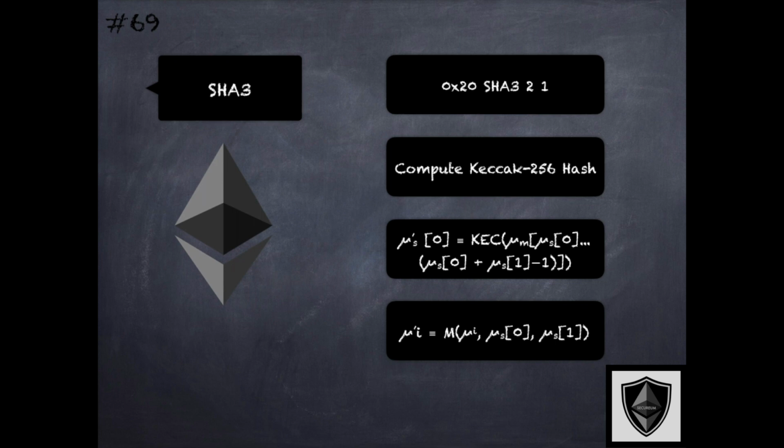So if you're interested in the formal semantics of how each of these instructions work, the formal notation of what is on the stack, what is in memory, and how many bits and bytes are manipulated, then I would encourage you to look at the yellow paper for these details.